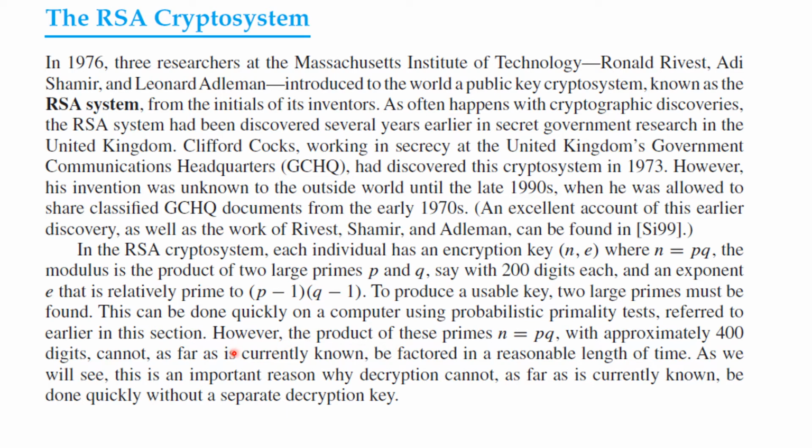However, the product of these primes, with approximately 400 digits, cannot, as far as currently known, be factored in a reasonable length of time. Multiplying is much faster than factoring. And as we will see, this is an important reason why decryption cannot, as far as currently known, be done quickly without a separate decryption key.